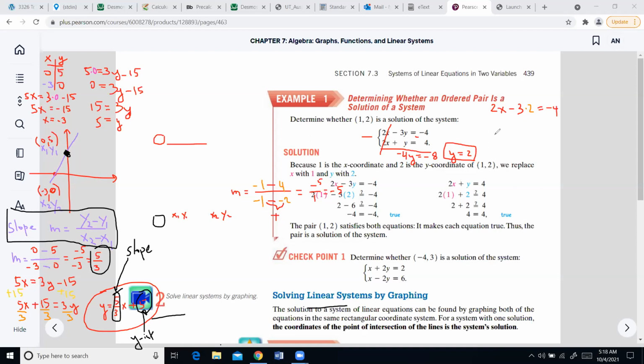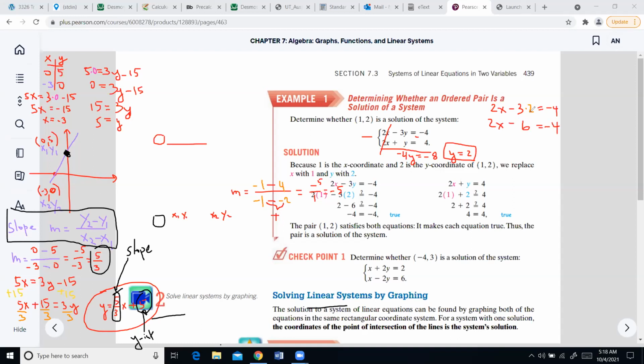So I'm gonna see that 2x minus 6 is equal to negative 4, right?